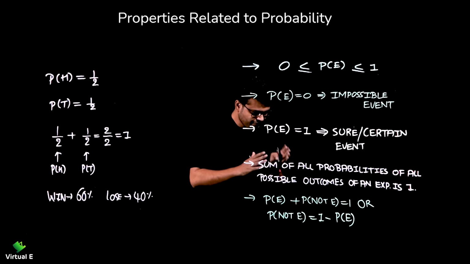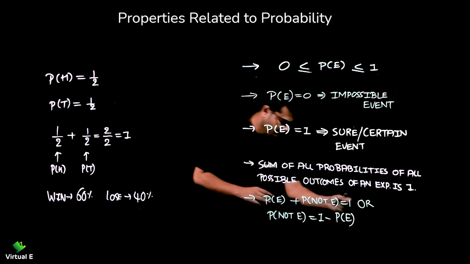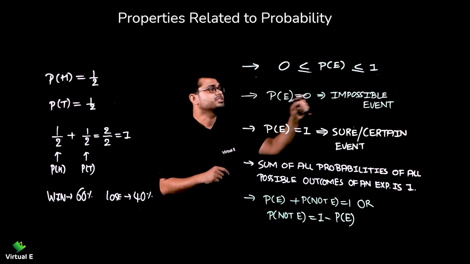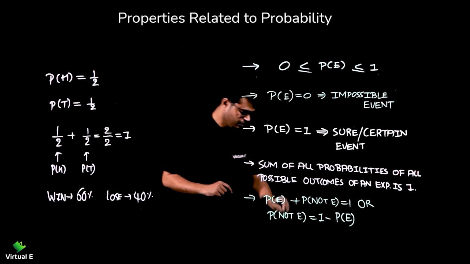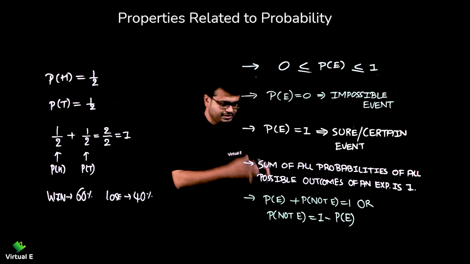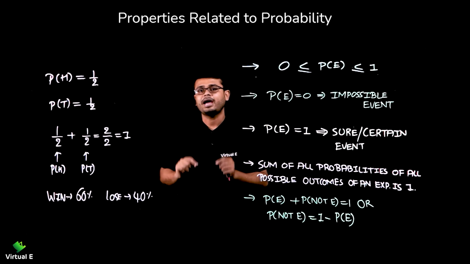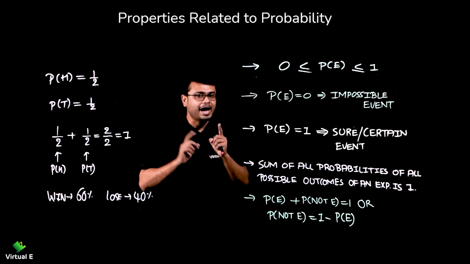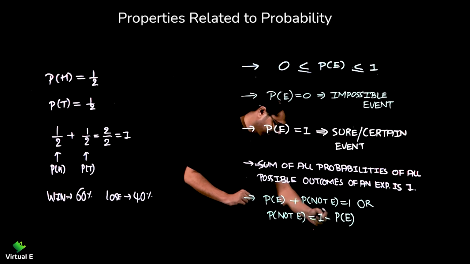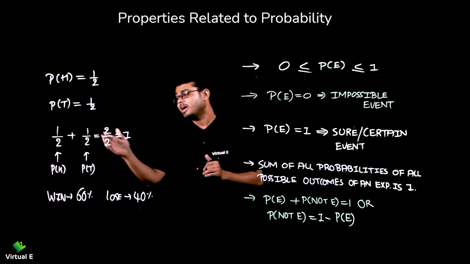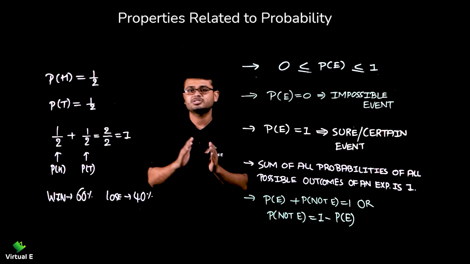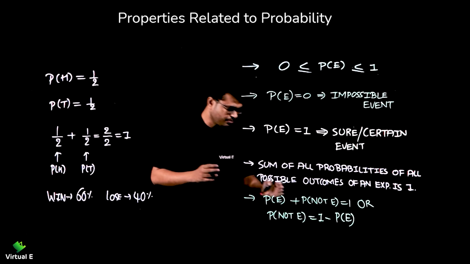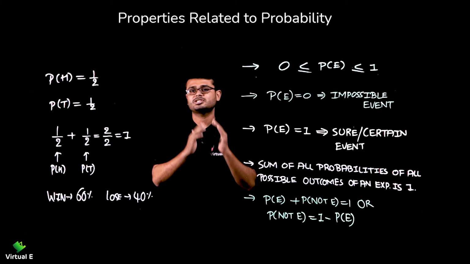Now, in the general sense, we consider it as 1 because we know the maximum probability could be 1. So if we want to find the chance of that event not happening, you subtract from 1. If you have probability 1 by 2 and you want to find the chance of not happening, subtract from 1, so you will get that chance as well.